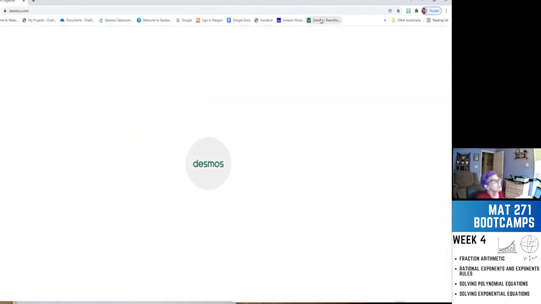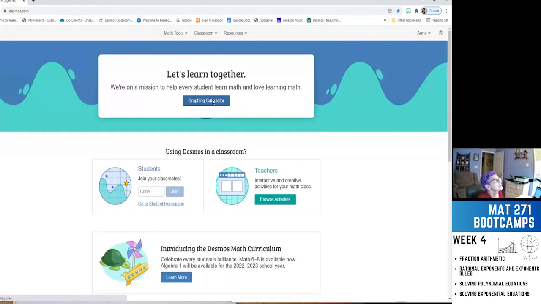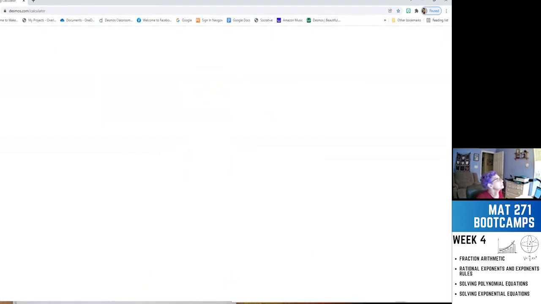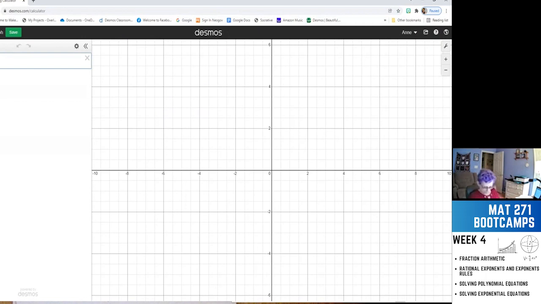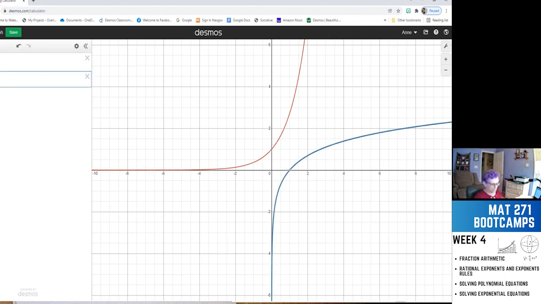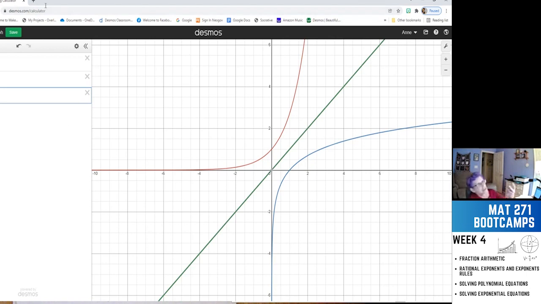There's Desmos. It's beautiful and it's free. So there's e to the x and then natural log of x. There's the identity line. You can see that they're inverses of each other because they're reflections about that identity line.